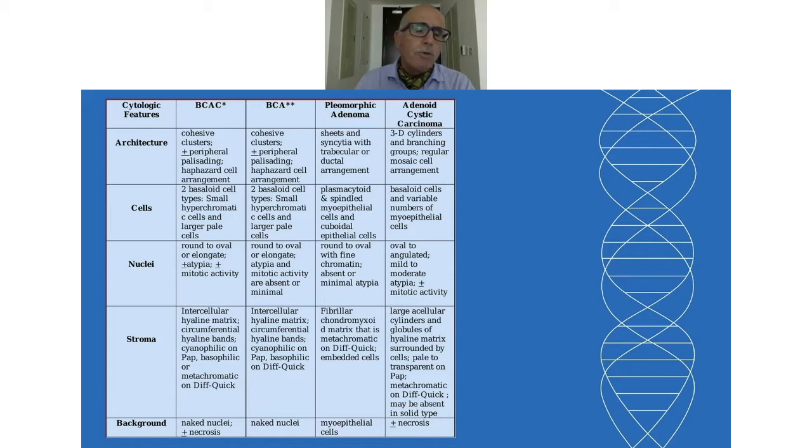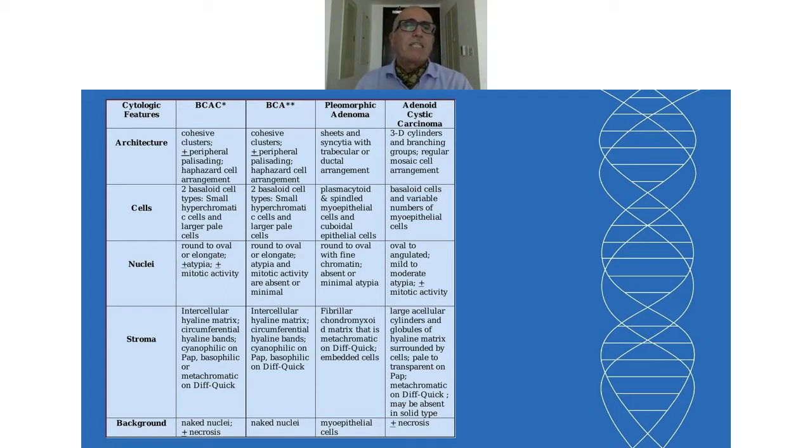I won't go through it in detail, but I just want you to check the main differences between adenoid cystic carcinoma and basal cell neoplasms, which is the variable numbers of myoepithelial cells in the adenoid cystic carcinoma, because the globular metachromatic material can be very, very similar in both.